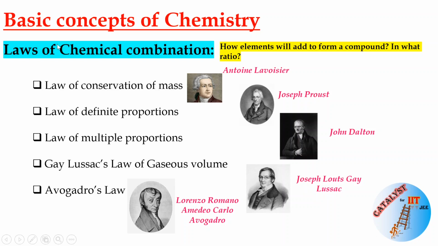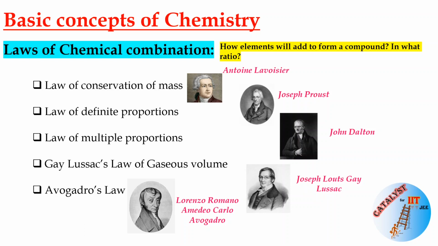Chemical combination means how 2 or more elements will add or combine to form a compound. Okay, so in what ratio they are going to mix together to form a compound, there are a set of laws, in what volume ratio, or in what mole ratio or mass ratio, how they are going to form a compound.